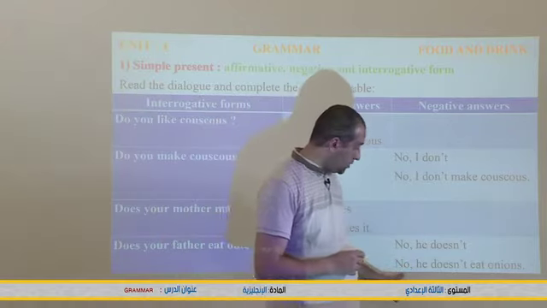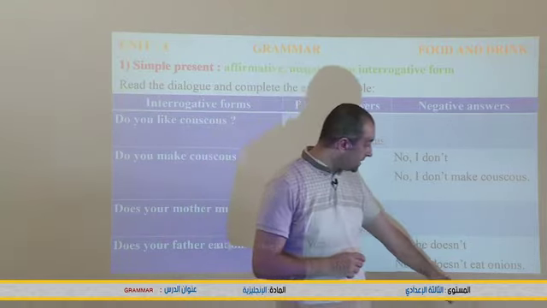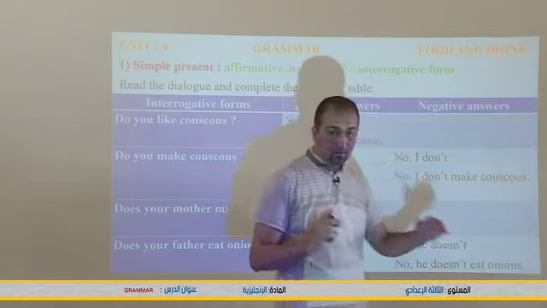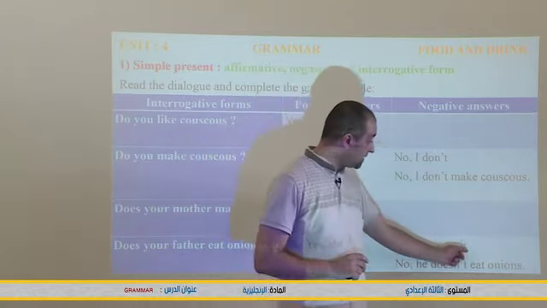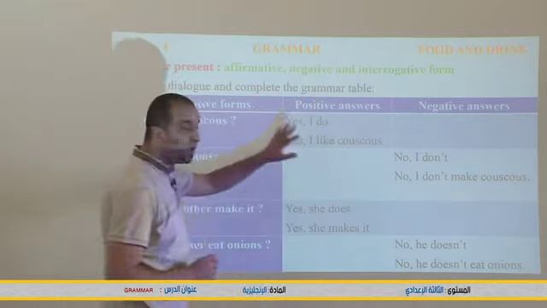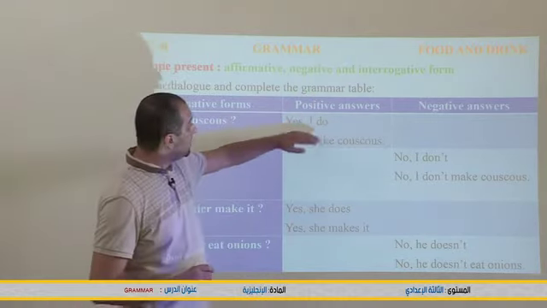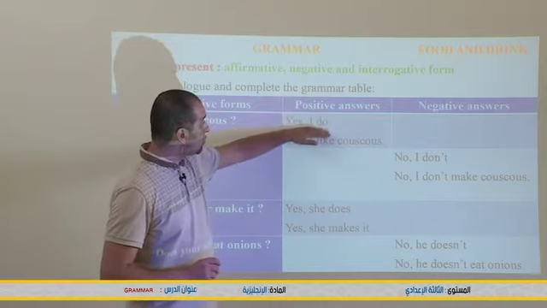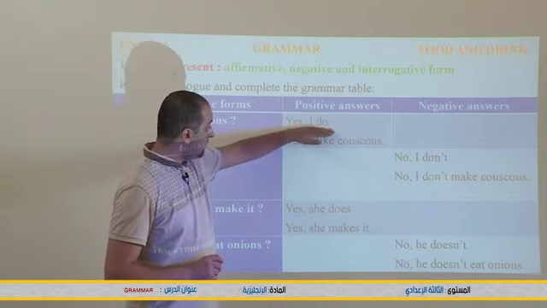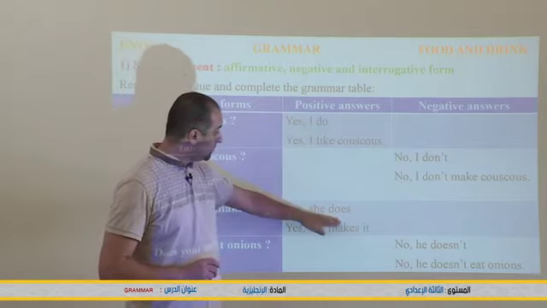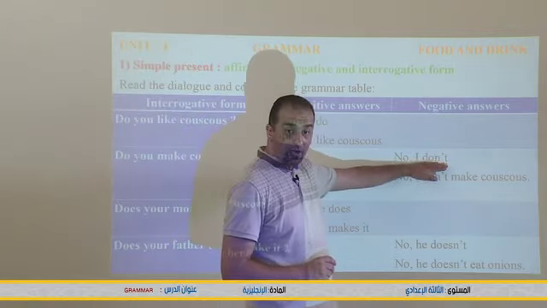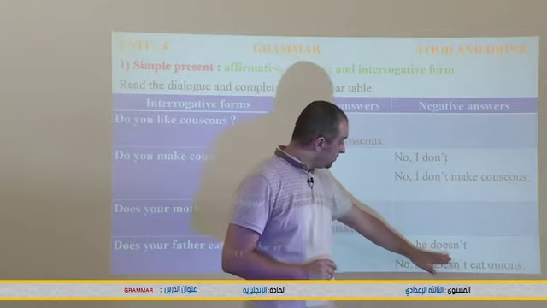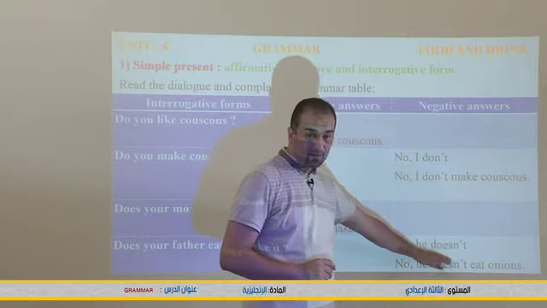If it is a long answer, I say no, he doesn't eat onions. If it is short, no, he doesn't. So if we compare the answers here, in the positive short answers, I do, she does. Negative: I don't, he doesn't.